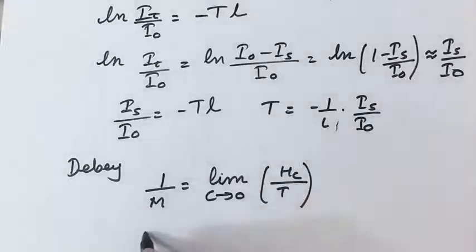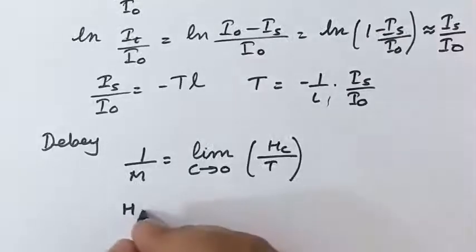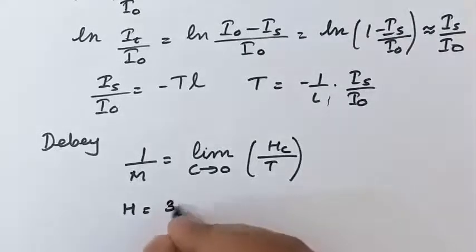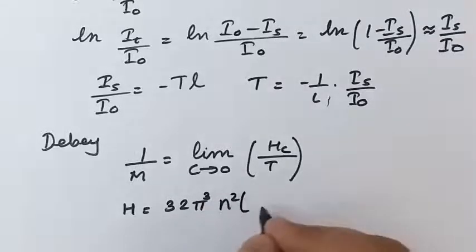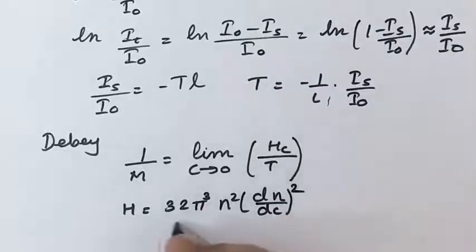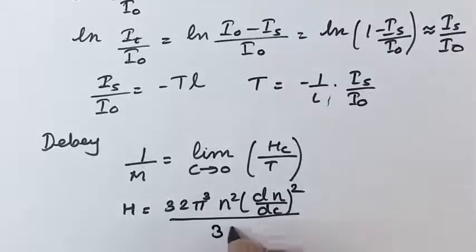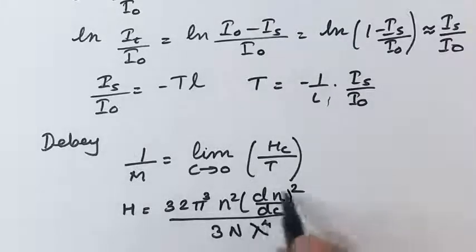The value of H is given by H is equal to 32 pi cube n square (dn upon dc) square upon 3 N lambda to the power 4. This is the constant where 32 pi cube is constant, n is the refractive index of the medium, and dn by dc is the differential form of refractive index with respect to concentration.